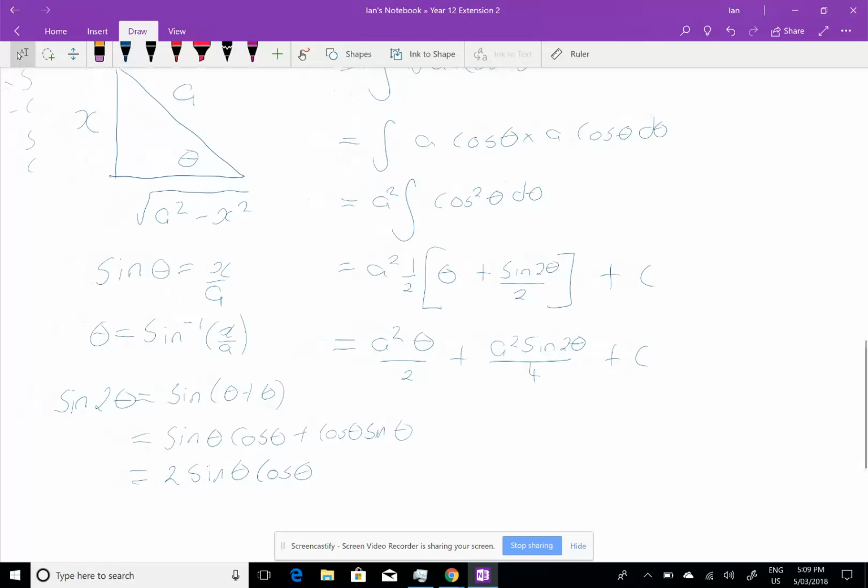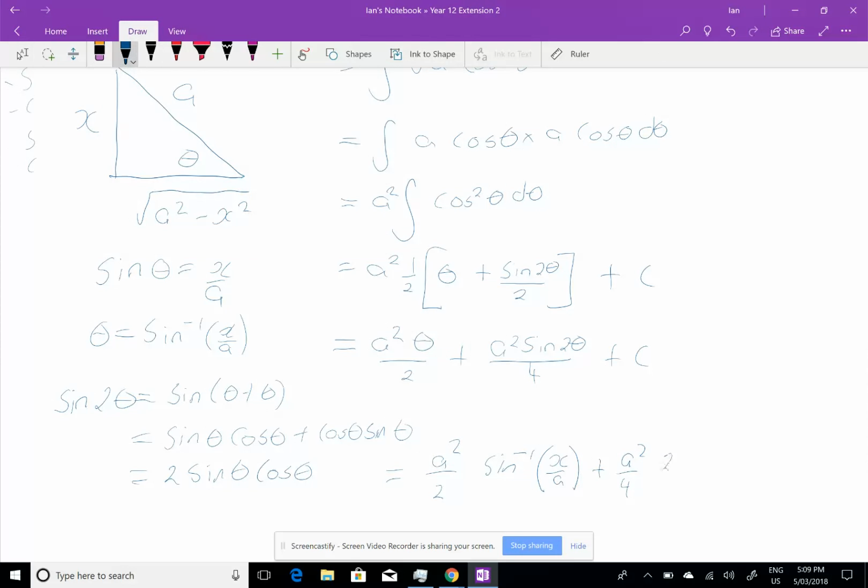So let's go back to our integration. We've got a squared on 2, so a squared on 2. Now theta, well, that's inverse sine. Now we shouldn't be worried or afraid of using this. That's just an integral, x on a, plus a squared on 4 sine 2 theta.